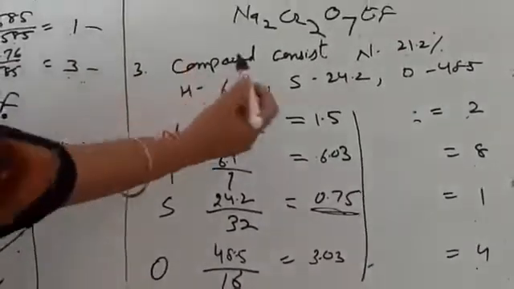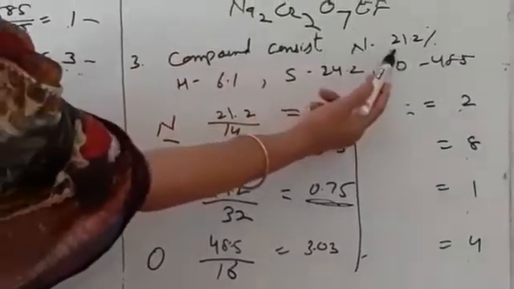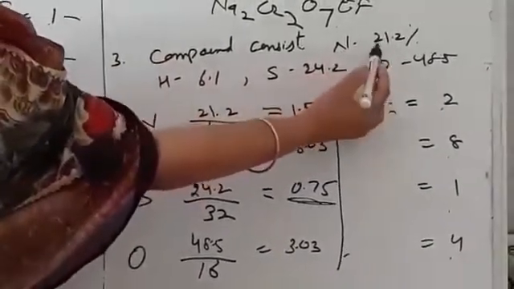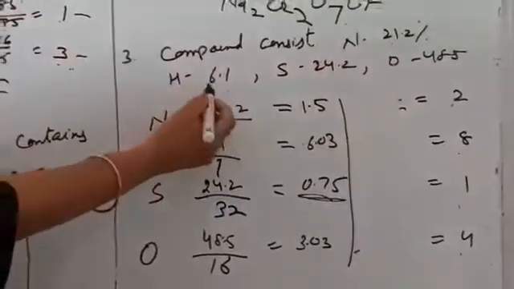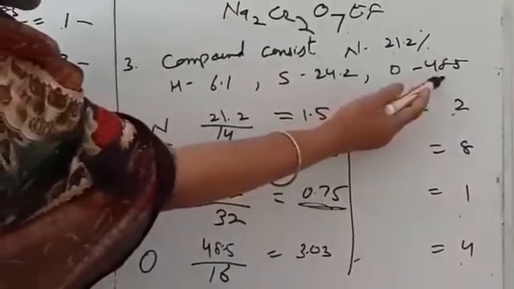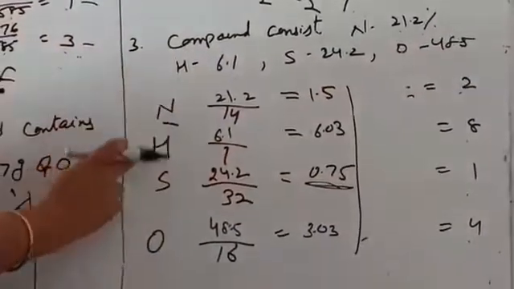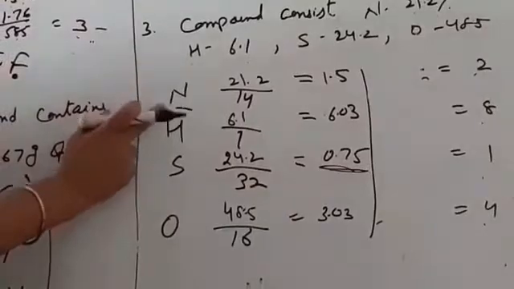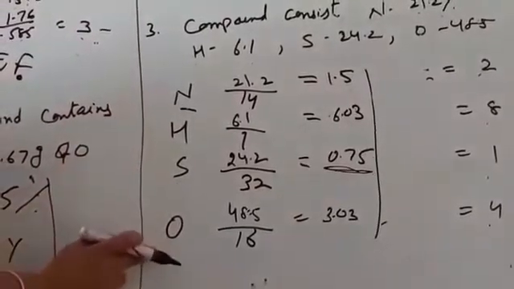The next example is a compound that consists of nitrogen 21.2%, hydrogen 6.1, sulfur 24.2 and oxygen 48.5. First, write the names of the elements: nitrogen, hydrogen, sulfur and oxygen.